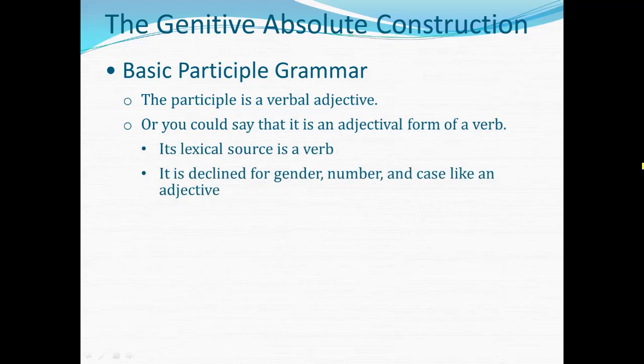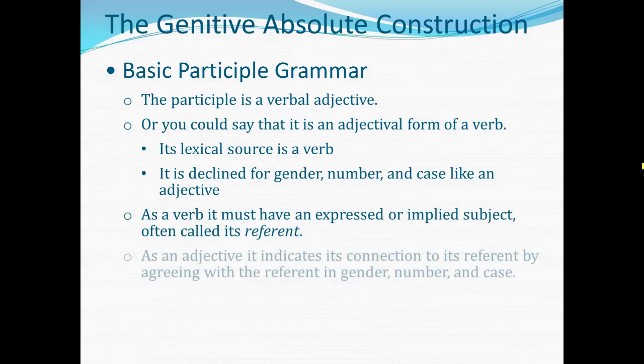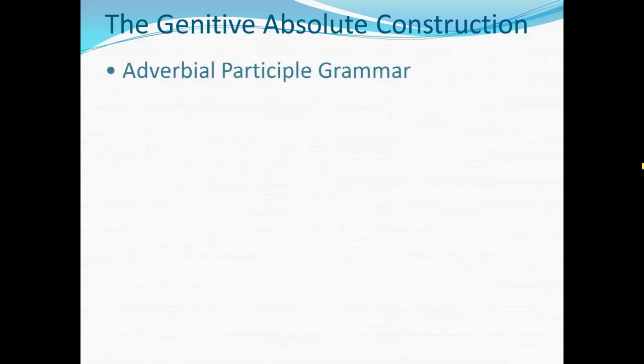So in its very form, it has elements of being both a verb and an adjective. Now, as a verb, it must have an expressed or implied subject, often called its referent. As an adjective, the participle indicates its connection to its referent by agreeing with the referent in gender, number, and case. Of course, we'll be seeing examples of this as we go along.